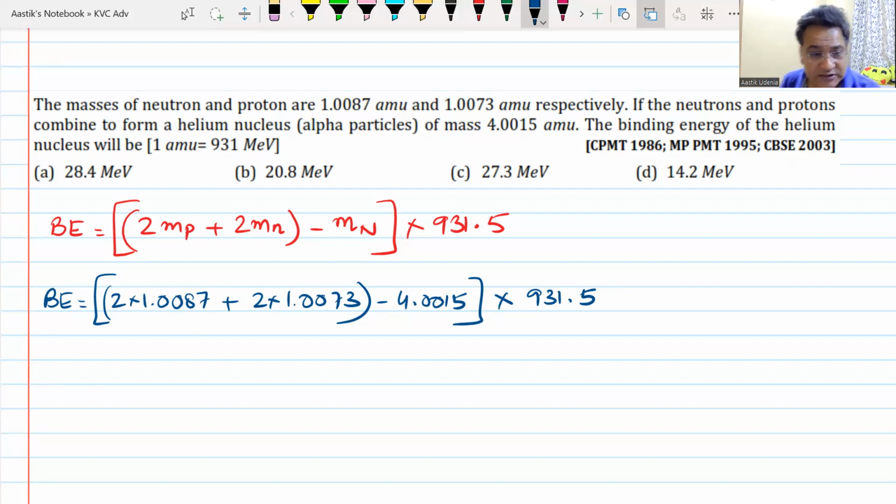The binding energy, the answer that I have, is coming as 28.4 mega electron volt. I hope everyone has understood this. I'll give you 2 minutes to note it down.